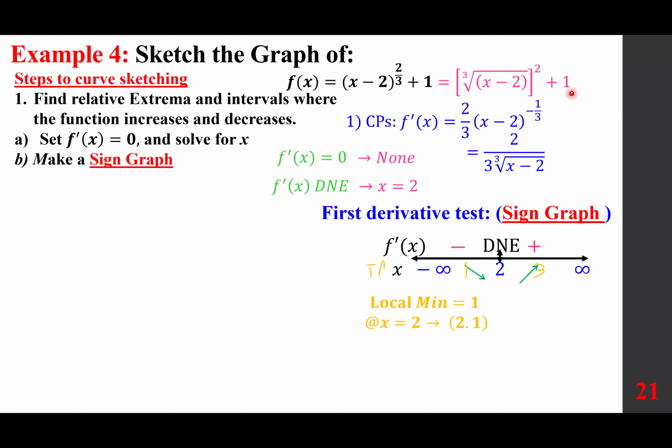So local min is 1 at x equals 2, or better yet, (2, 1) again. 2 easily gives you 1. I hope you see that. We don't have a local max. What about increasing, decreasing? The function is positive, or arrow up, increasing from 2 to infinity; arrow down, or negative, decreasing from negative infinity to 2.